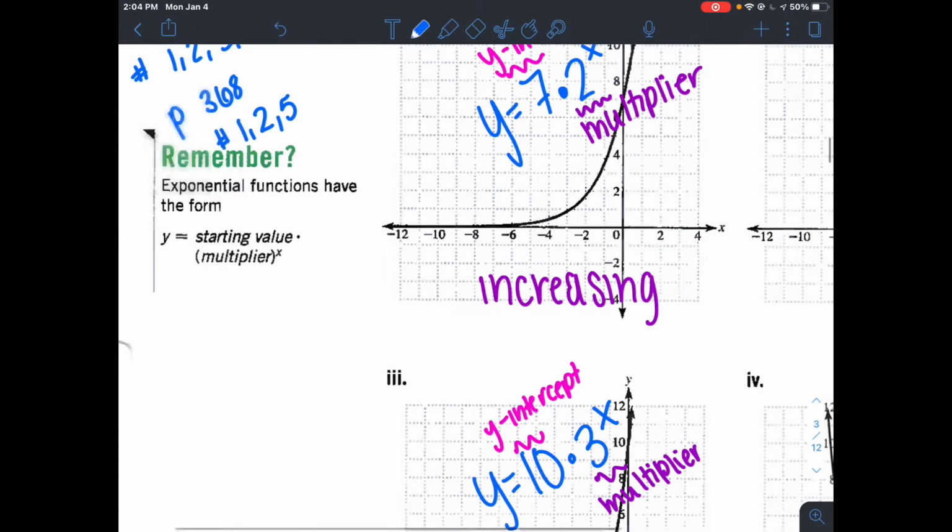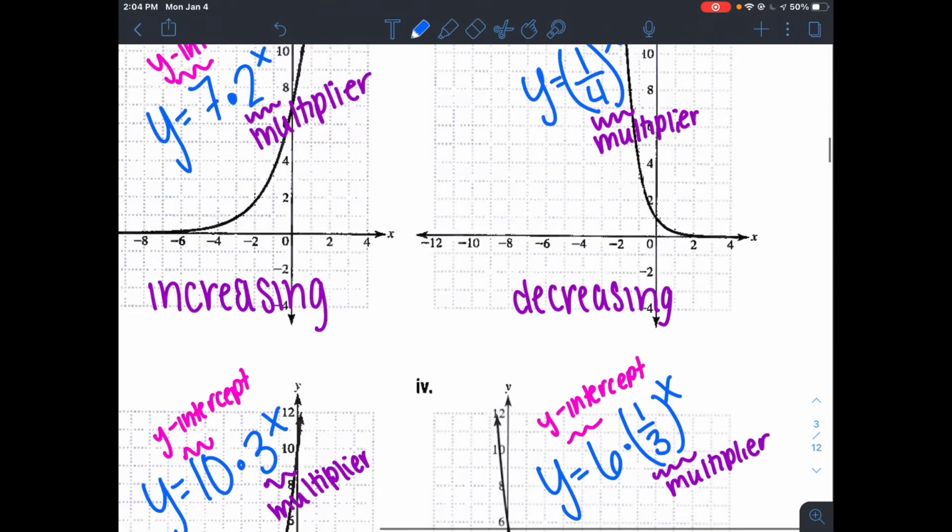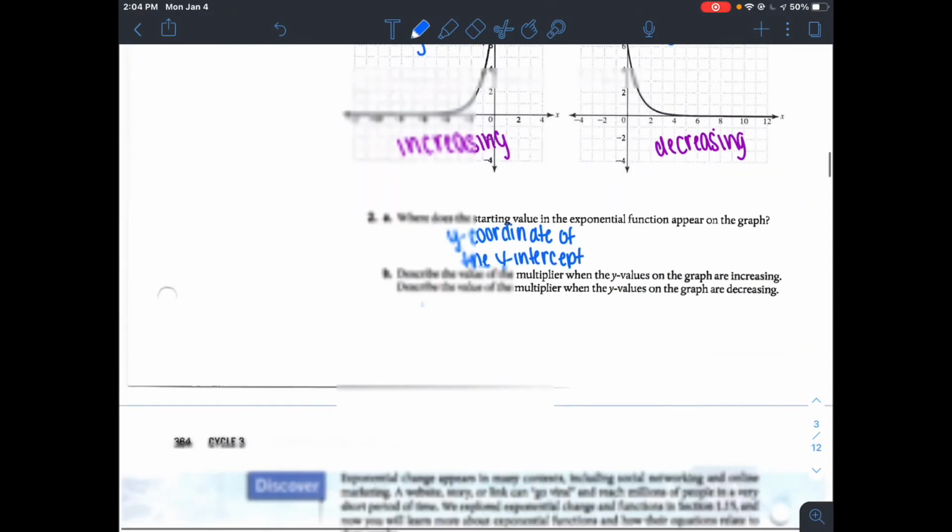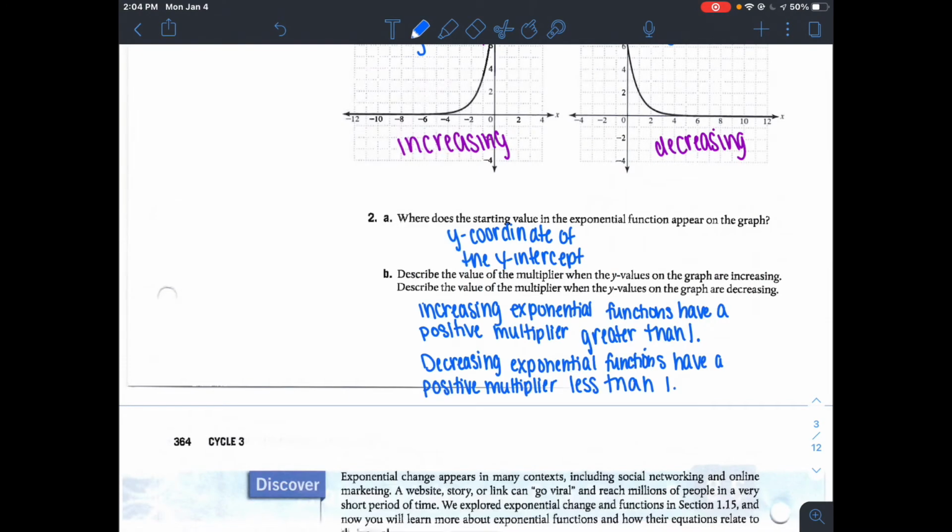Well, when I'm increasing, we have whole numbers, so 2 and 3, and when I'm decreasing, I have fractional numbers. So to put that into words, when my exponential function is increasing, we have a positive multiplier greater than 1, and decreasing exponential functions have a positive multiplier less than 1.